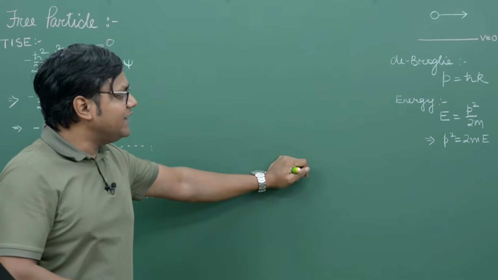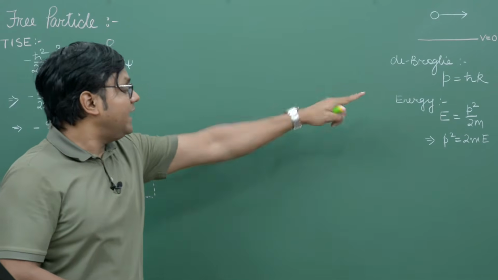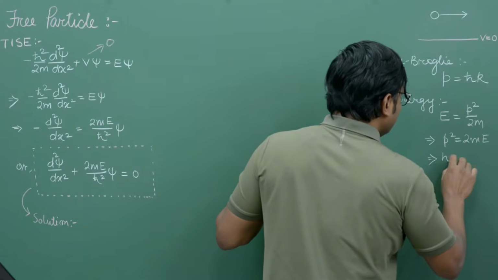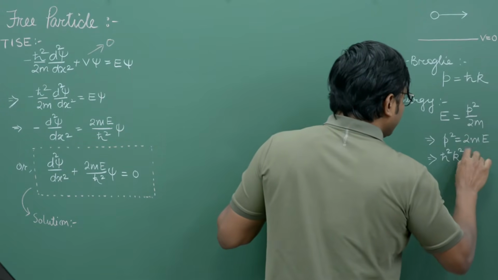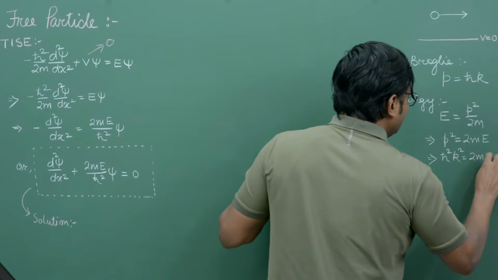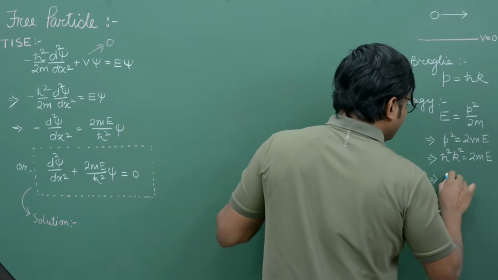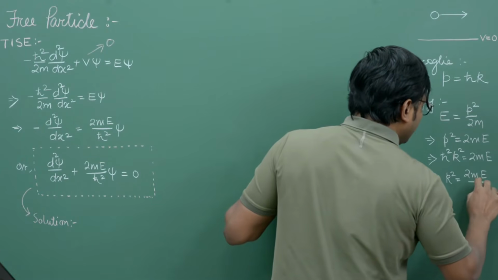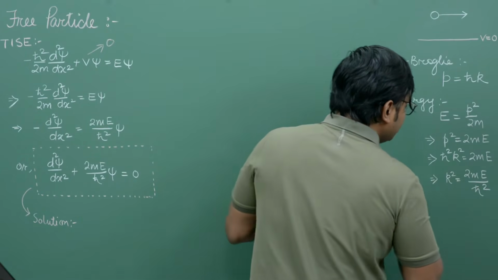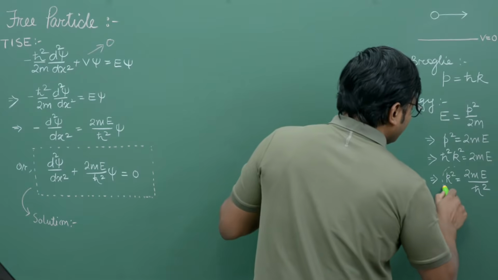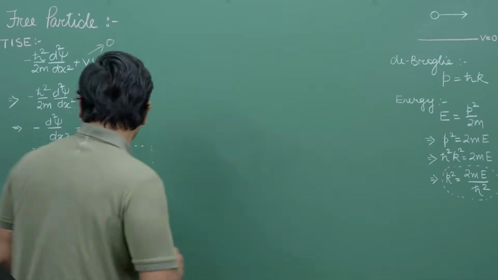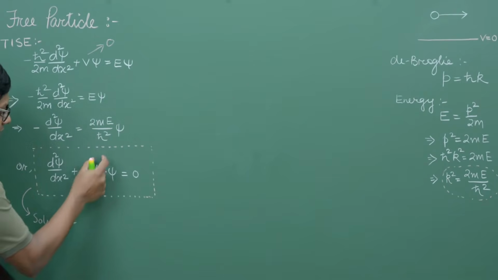If I want to find a relationship with k, p square is equal to h cross square k square, which is equal to 2mE, and therefore k square is equal to 2mE upon h cross square. You see this particular expression? k square is equal to 2mE upon h cross square. This is nothing but the constant here, 2mE upon h cross square.